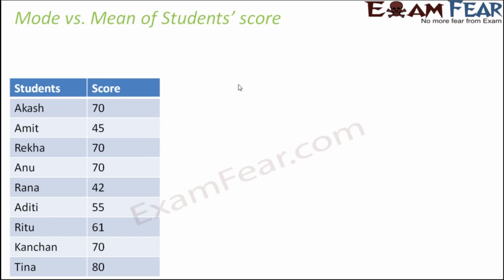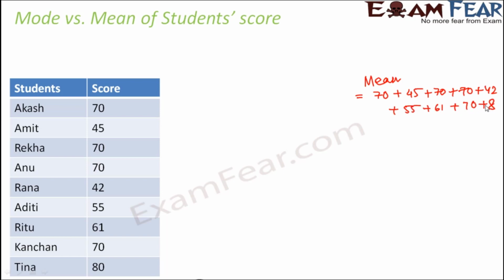So let us try to calculate mean. So how do we calculate mean? Mean is the sum of the scores divided by the number of scores. So sum of the scores would be 70 plus 45 plus 70 plus 70 plus 42 plus 55 plus 61 plus 70 plus 80, divided by the number of scores: 1, 2, 3, 4, 5, 6, 7, 8, 9.